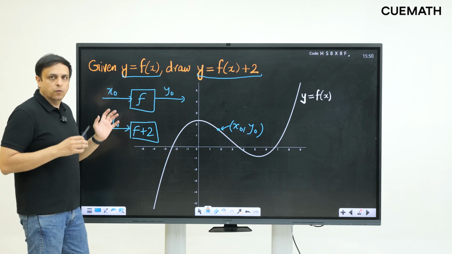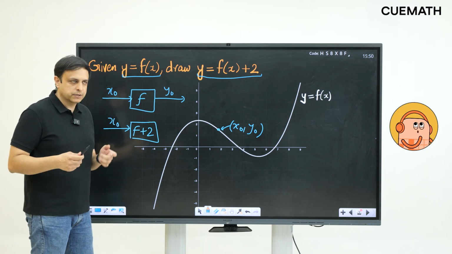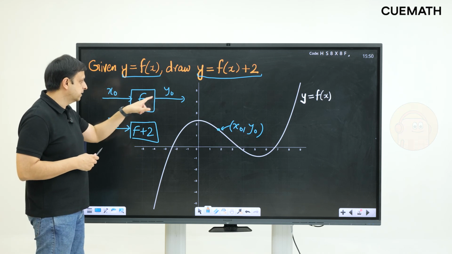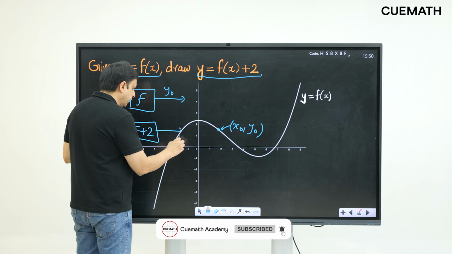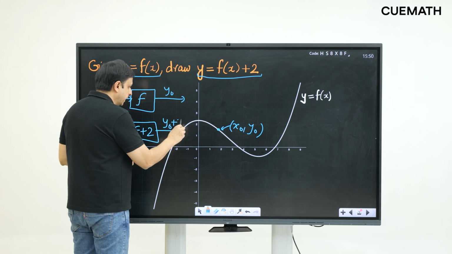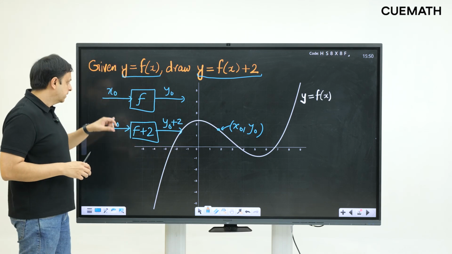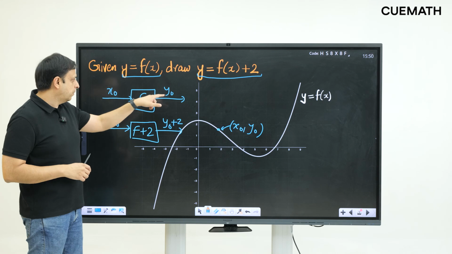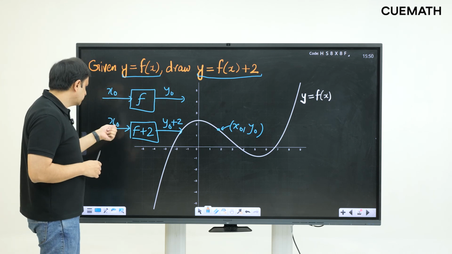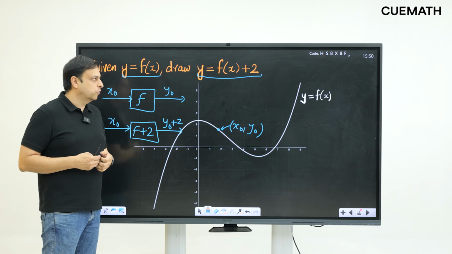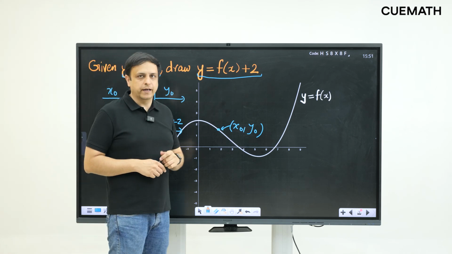What output will this machine produce? Well, because the original machine is producing y naught as the output, the new machine should produce y naught plus 2. So, the original input output pair x naught comma y naught should correspond to x naught comma y naught plus 2 for this new function f of x plus 2.